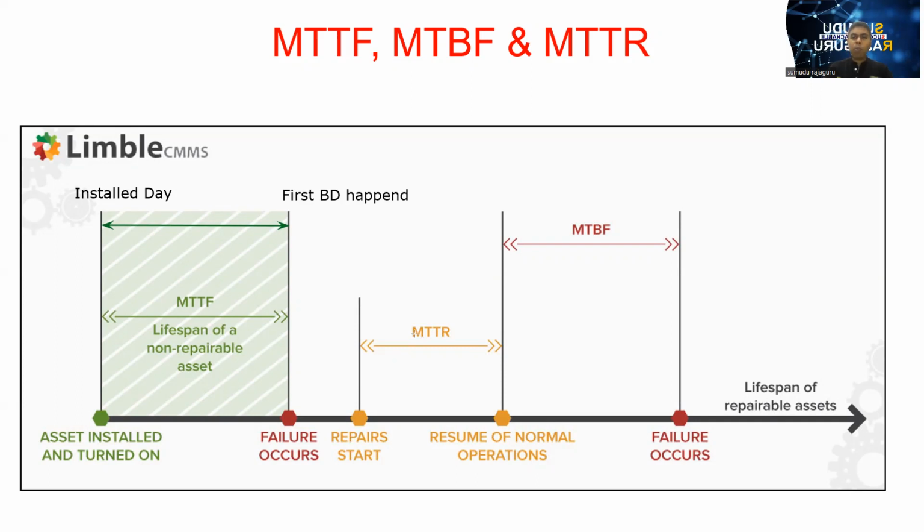On a particular day there can be several repairs, so we have to calculate the mean time to repair, the average time for the repair. After we repair, the machine is running. This is called the running time. Usually the machine runs, then a breakdown happens again, and after some period we complete the repairing activity, then it runs again like that. So this is the mean time between failure.